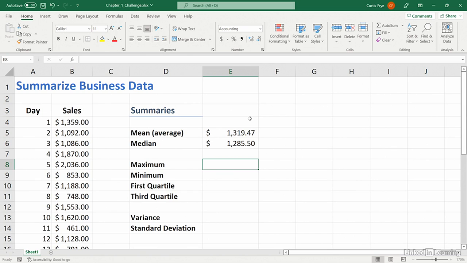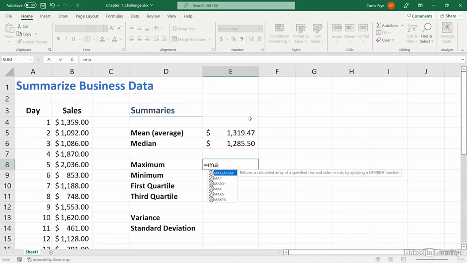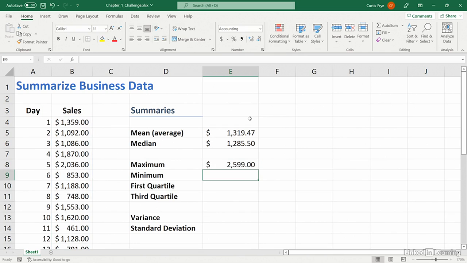If you want to find the maximum and minimum values, then we can in cell E8 find the maximum. So that's equal max, left parentheses, and then B4 to B33, enter. So the largest sales day had sales of $25.99, and our minimum will be the smallest.